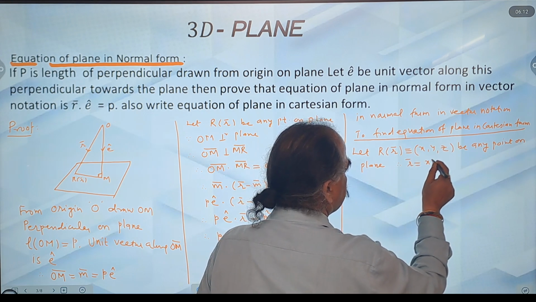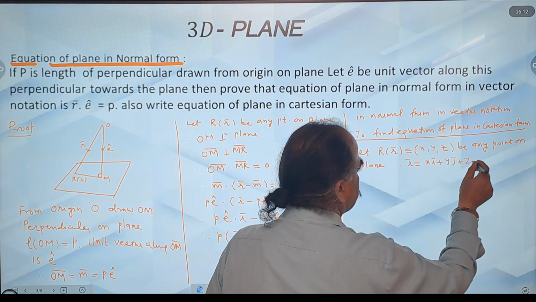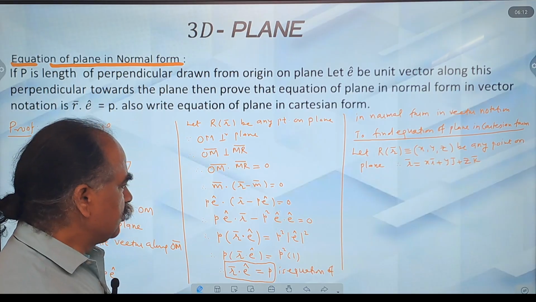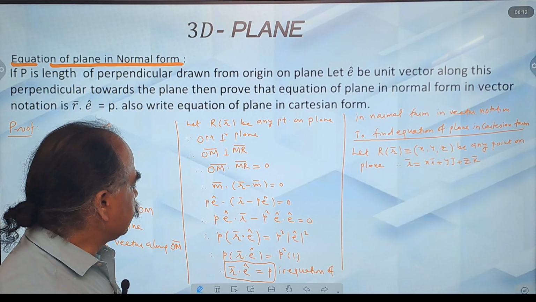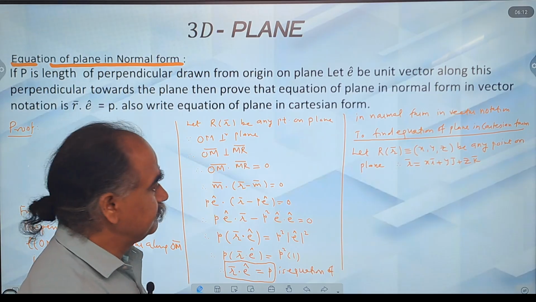Xi plus Yj bar plus Zk bar. And you know that to write a unit vector, we need direction cosines.